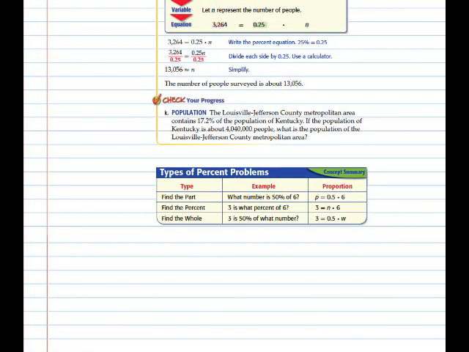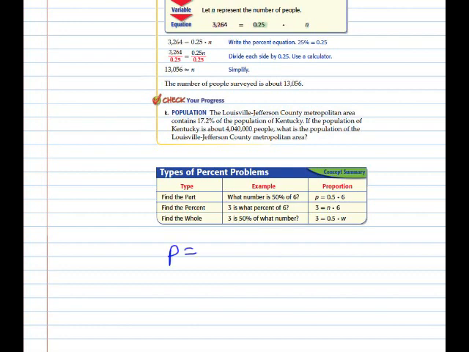Example K. The Louisville, Jefferson County metropolitan area contains 17.2% of the population of Kentucky. If the population of Kentucky is about 4,040,000 people, what is the population of the Louisville, Jefferson County metropolitan area? In this case, we're looking for the part. So P is going to be our variable.